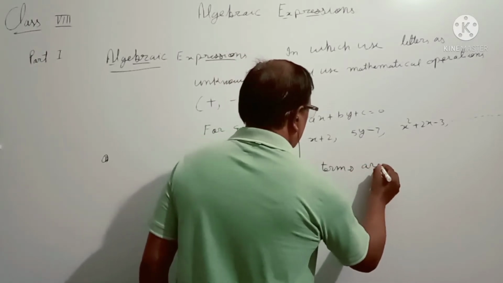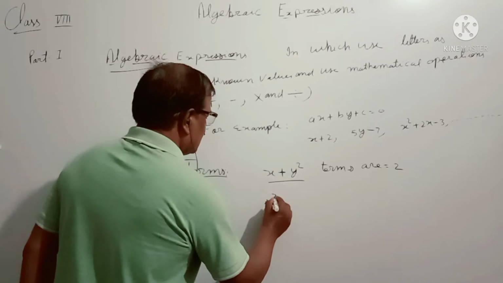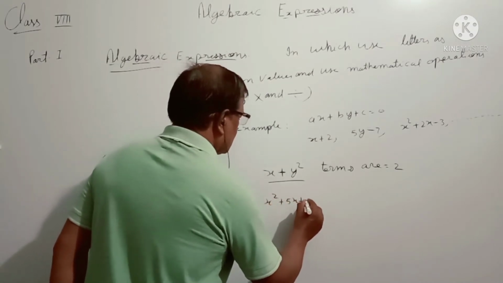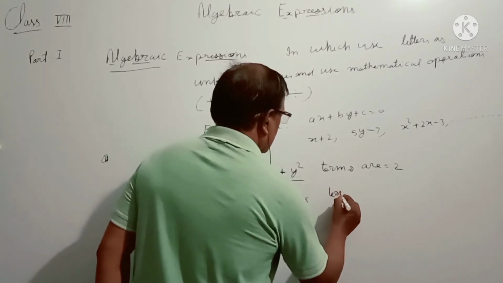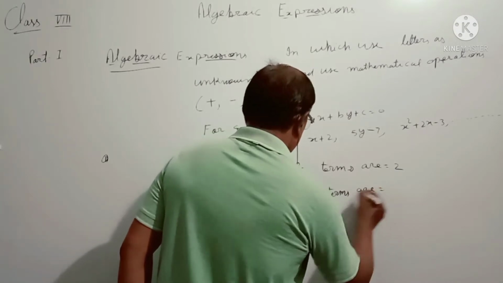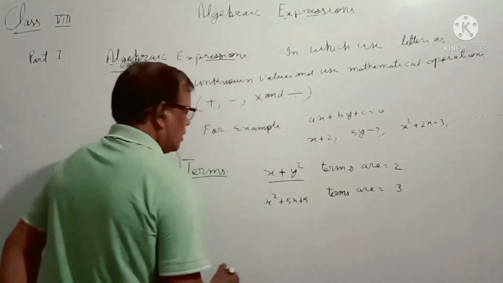If we write x square plus 5x plus 5, here the terms are 1, 2, 3. The terms are 3.